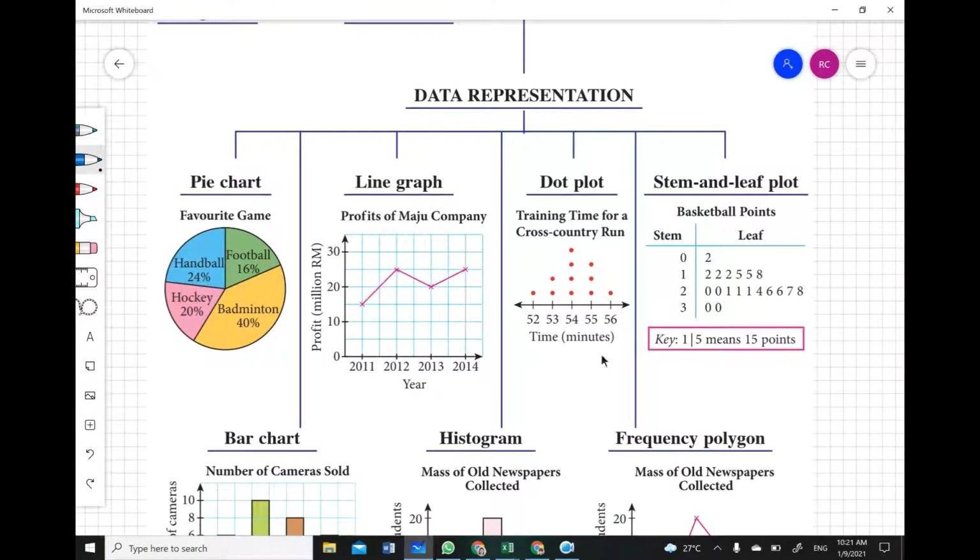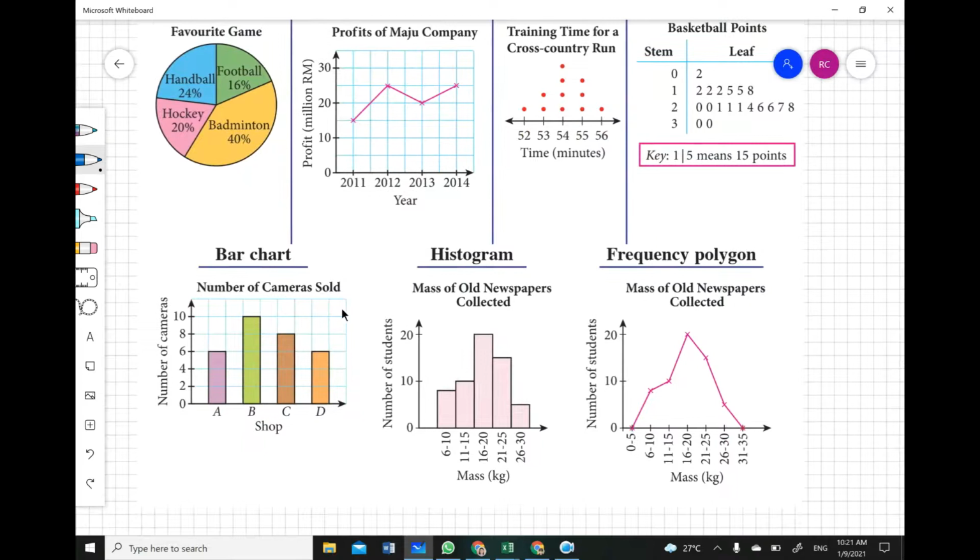So you look at the data representation later on, here you are going to learn all of this. You are going to learn how to draw pie chart, line graph, dot plot, stem and leaf plot, bar chart, histogram, frequency polygon. So mainly these two, you are going to get the data from it.